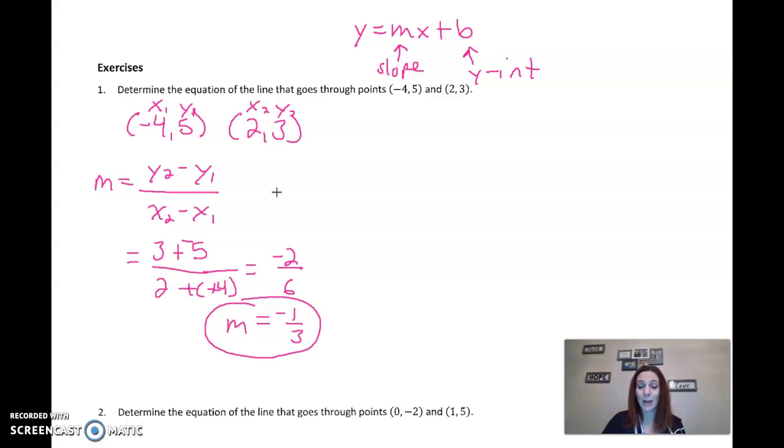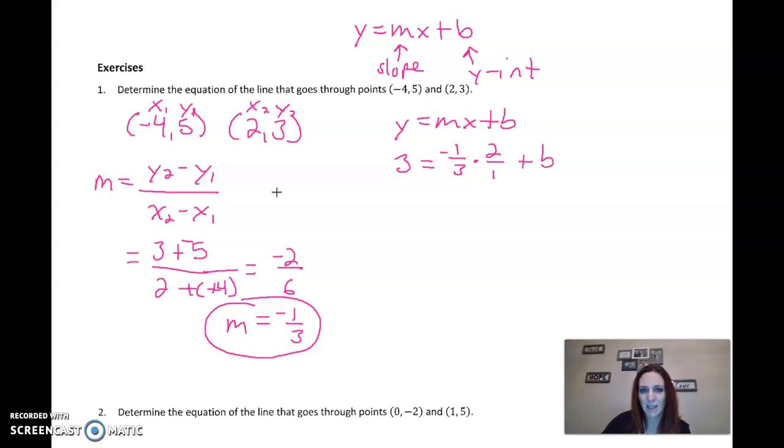Okay? So now I have my slope, and I need my y-intercept. It doesn't tell me what my y-intercept is, but I learned from the last video that if I have a slope and a point, I can figure out what the y-intercept is. It doesn't matter which point you pick, because remember, they're both solutions. So I'm going to pick 2, 3, okay? X value, y value. So my y, 3, equals my m, my slope, negative 1/3, times my x, which is 2, right, 2 over 1, plus b.